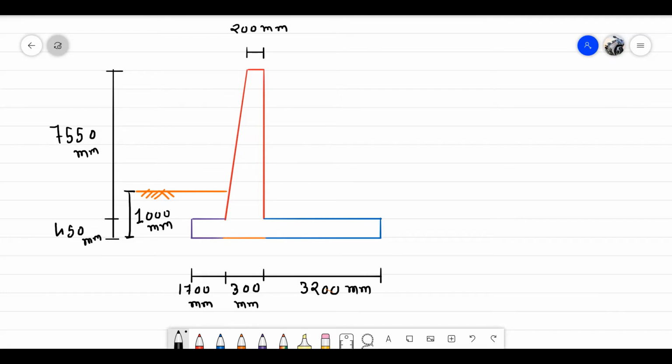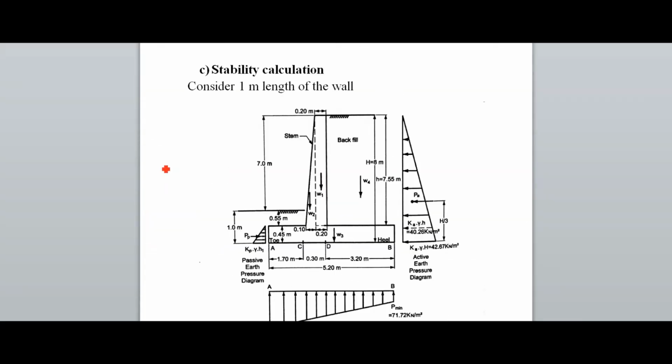W1, W2, W3. Now we have to find out the stability calculation. So what do we have to do? We have to find out W1 load, W2 load, W3 load, and W4 load. How all the loads are calculated, I will explain.